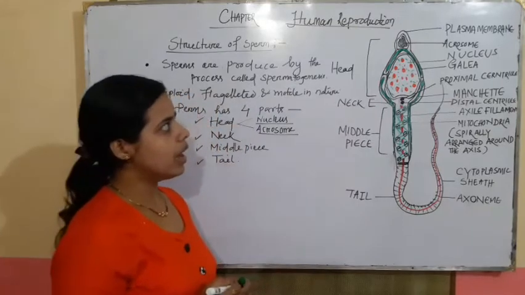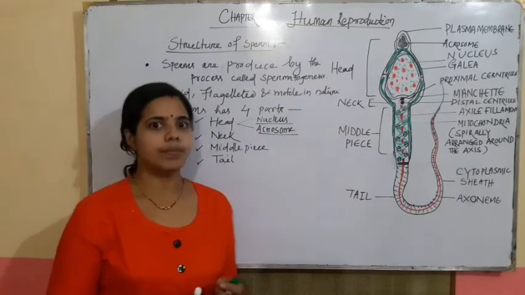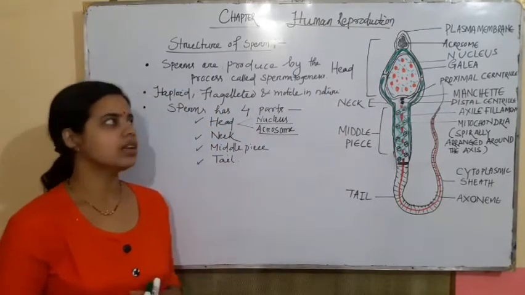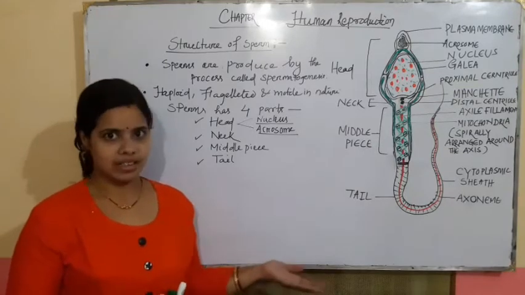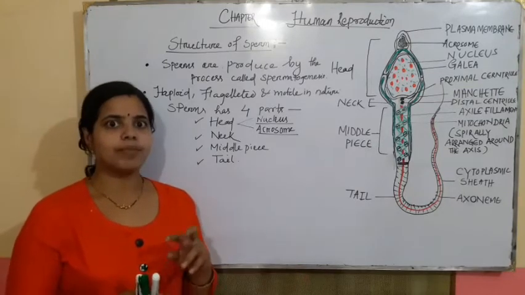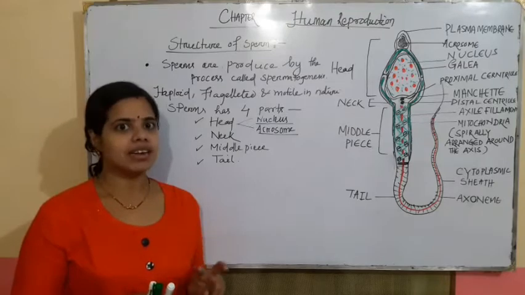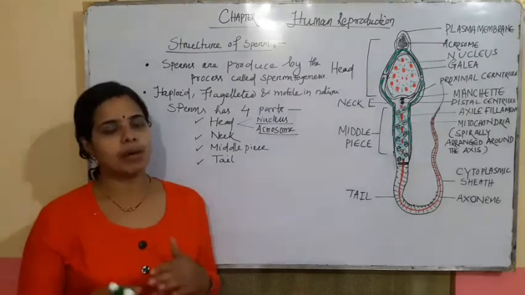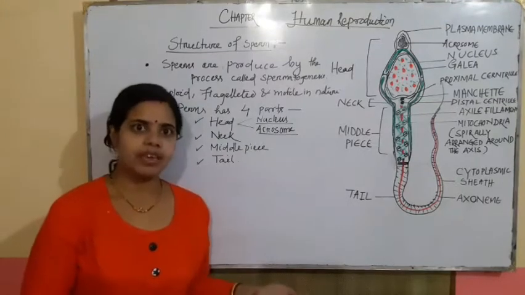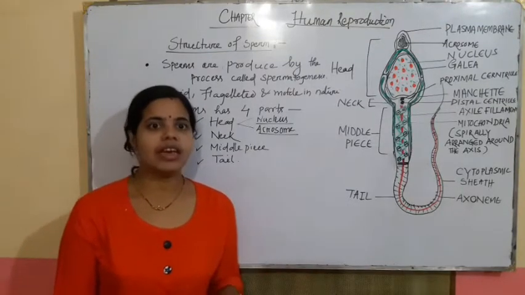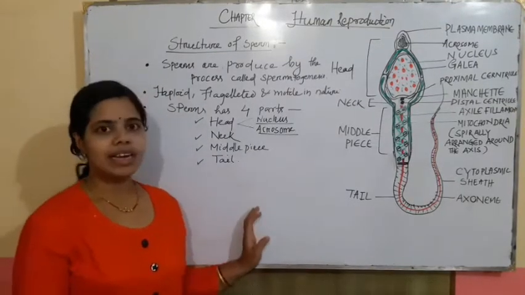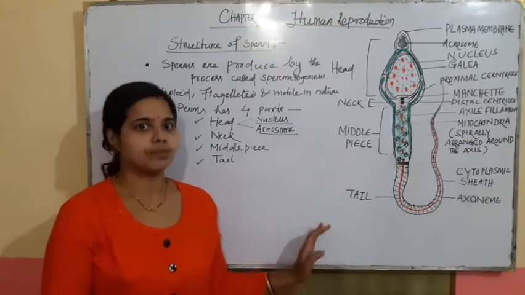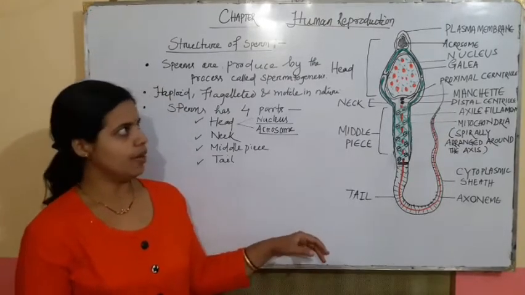Acrosome. And we discussed already in the previous video that the spermatogenesis process is divided into 2 steps. The first one is formation of spermatid, then the second step is spermiogenesis. In that, the spermatid has to convert into sperm or spermatozoa.